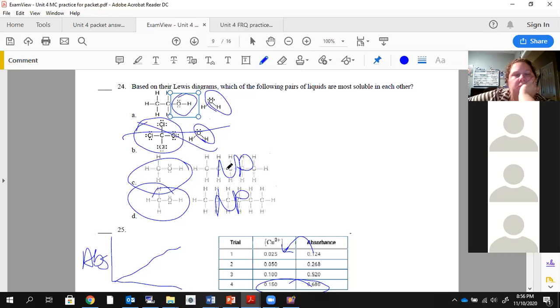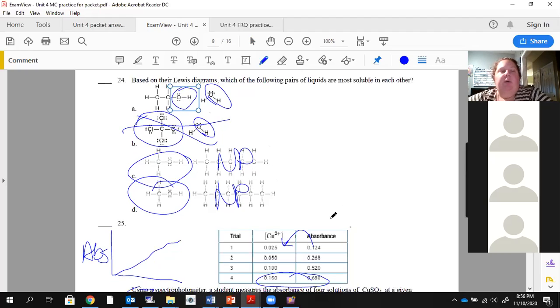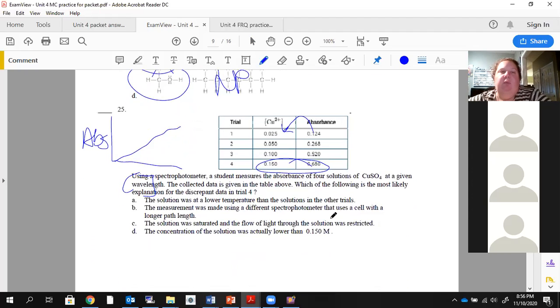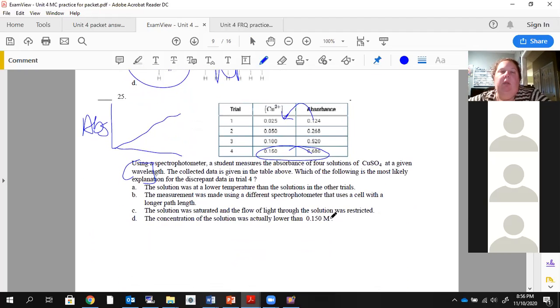It looks like you already went over 25, but I missed it. So can you just explain why the answer is D? So 25 is dealing with the ratio of the absorbance to the concentration. We should have a nice steady ratio because we should get a nice straight line if we graphed it.